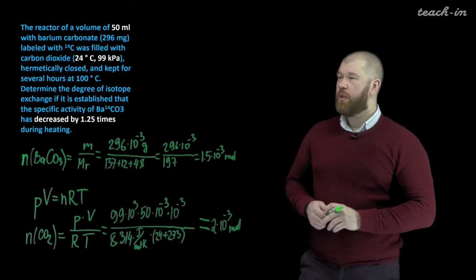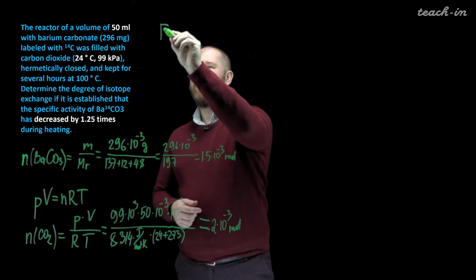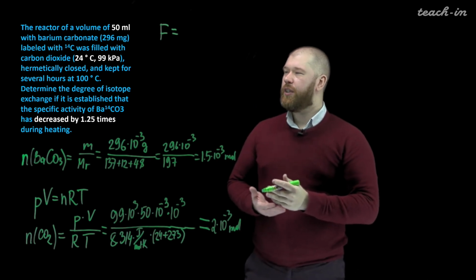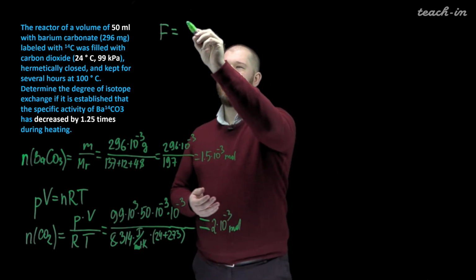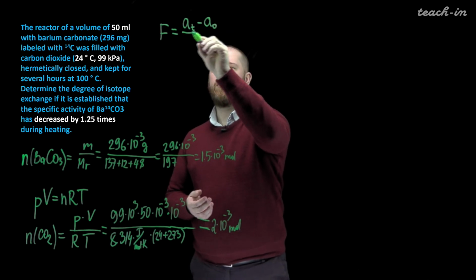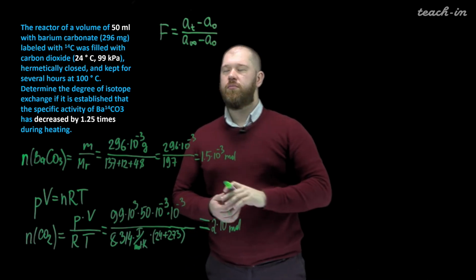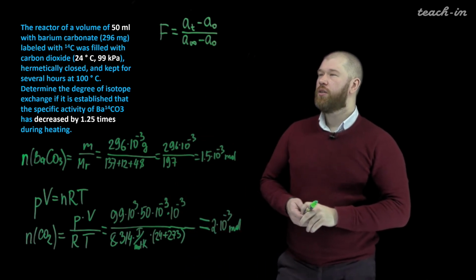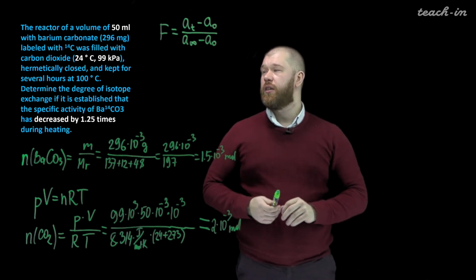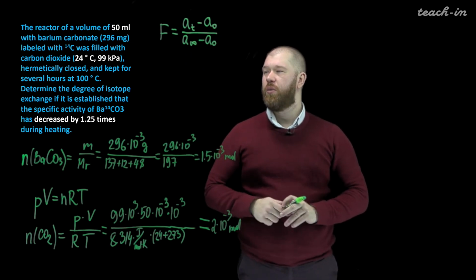Okay, now let's not forget this equation. The degree of isotopic exchange will be the activity at our moment. So what will be the activity? We know the activity at the moment. It is simply A0 divided by 1.25.